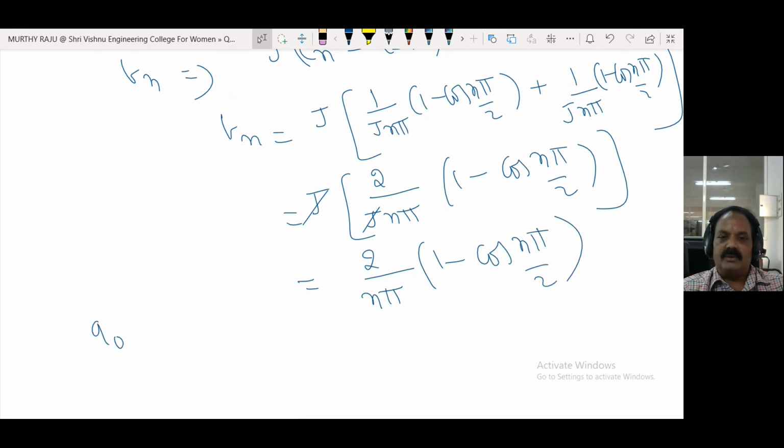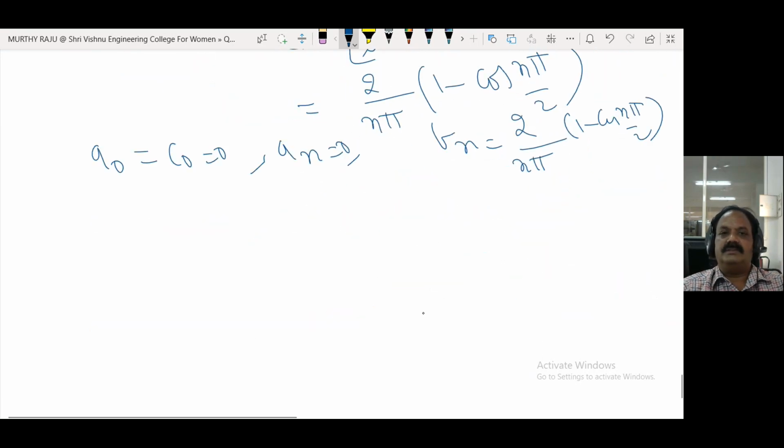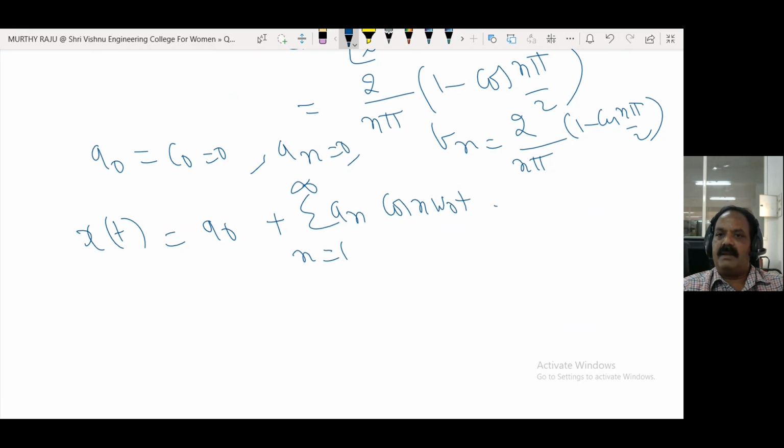Therefore, A naught is equal to C naught, equal to 0. An is also 0. Bn is equal to 2 by n pi into 1 minus cos n pi by 2. Now, x of t is equal to A naught plus sigma n equals 1 to infinity An cos n omega naught t plus sigma n equals 1 to infinity Bn sin n omega naught t.